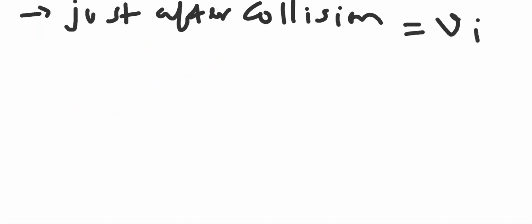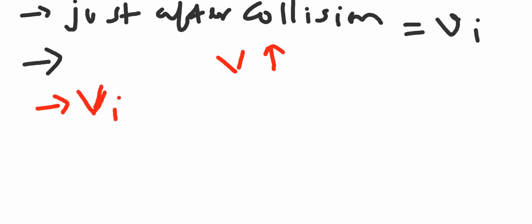So let's say that just after collision, I'm considering that the velocity of the electron is, suppose, vi. Now because the system has accelerated, there will be some change in the velocity. Because here the velocity is increasing, it is going in a particular direction. So I say the final velocity attained by the electron at a time t dash.